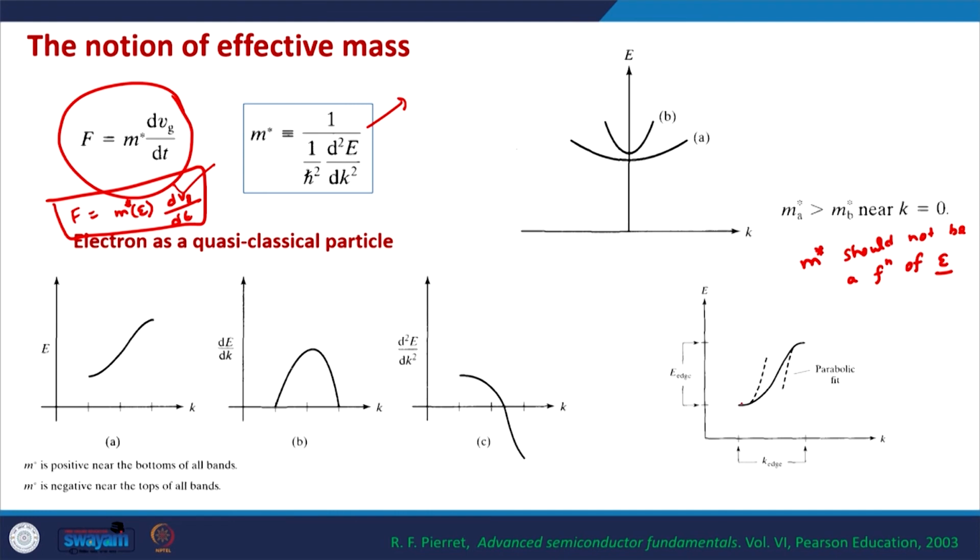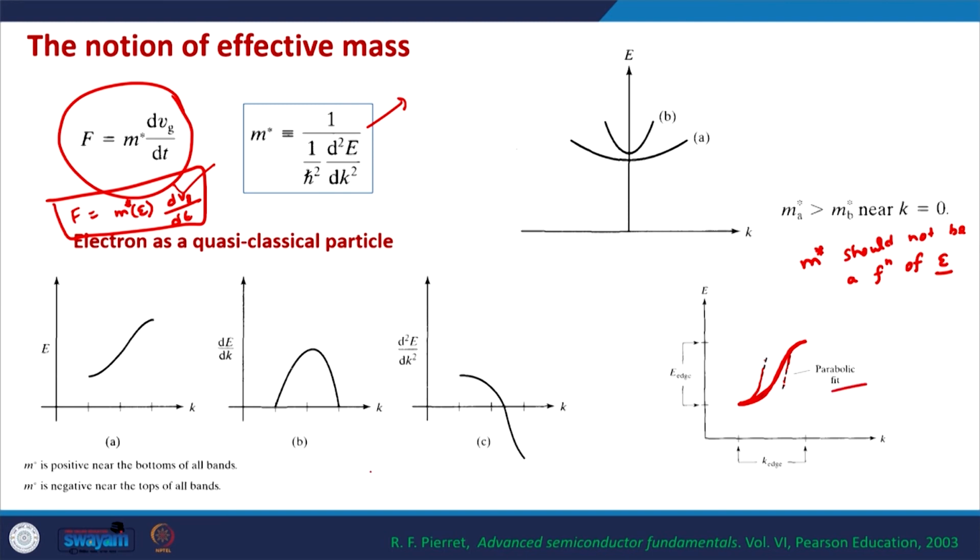So, that is why if we observe a typical band like this, at the bottom of the band and at the top of the band, this band is quite like a parabolic band.